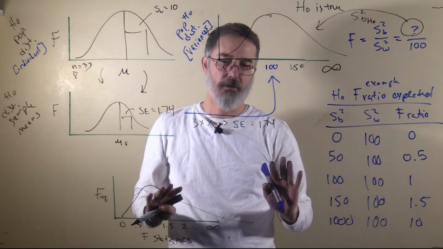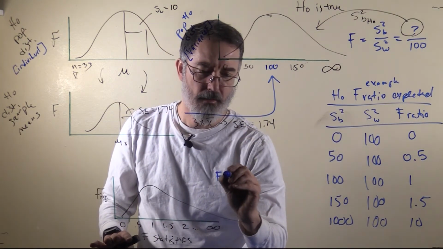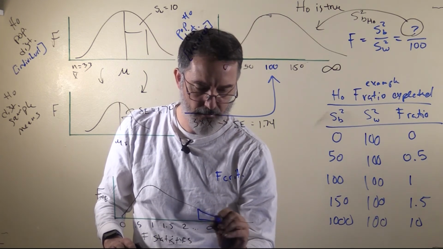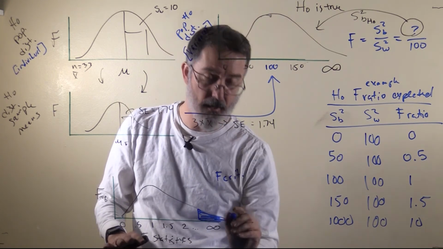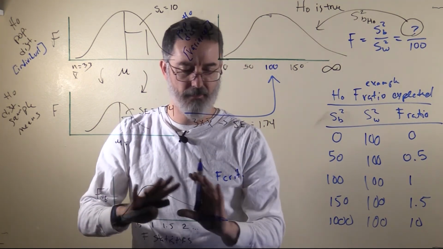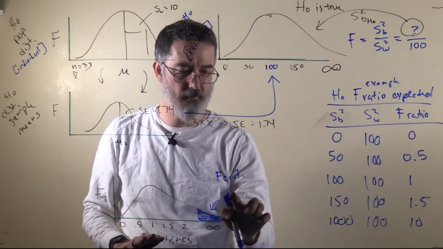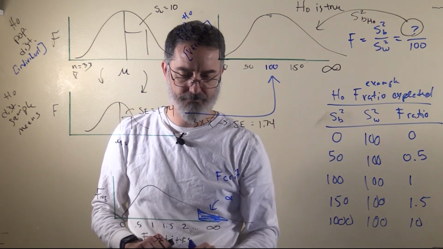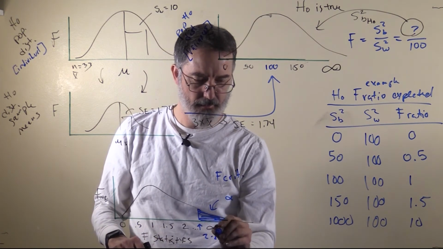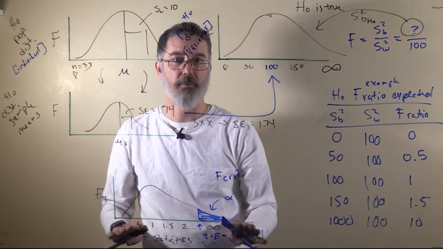And so that means for an F distribution, the F critical values are always going to be on one side. They're always like a one-tail test. There's no way you could do an F test that's like a two-tail test versus a one-tail test. All of your alpha is going to be over on the one side in all cases. So if I drew it like this, the F critical looks like it's something like 2.5 would be the F critical for that particular case.